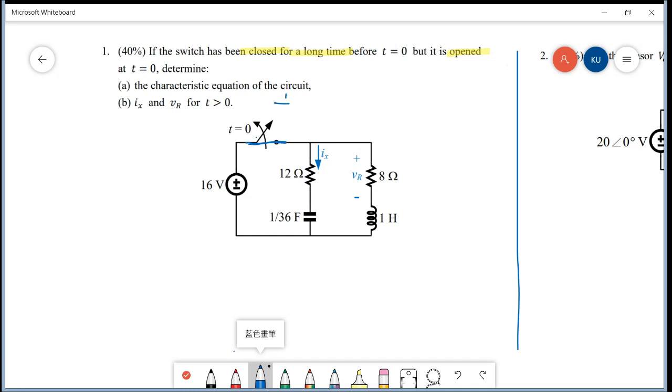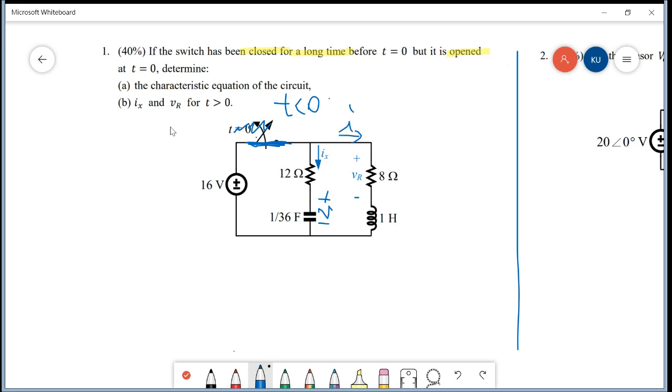For t smaller than 0, we can just make this short circuit, ignore the switch, and pretend it is just a wire. So here we may call this one V, and we may call this current I.